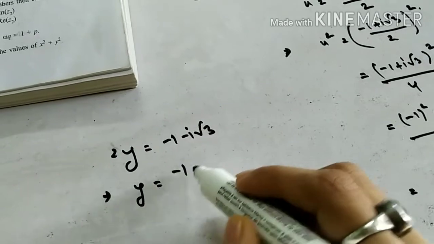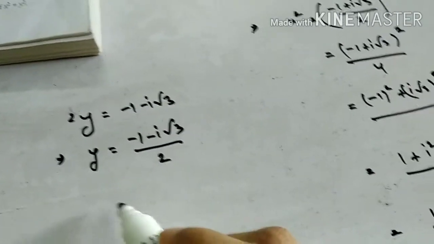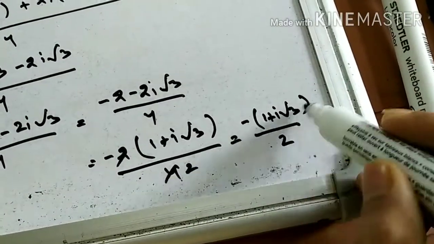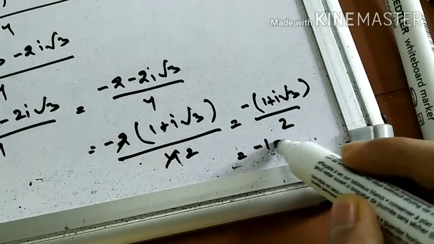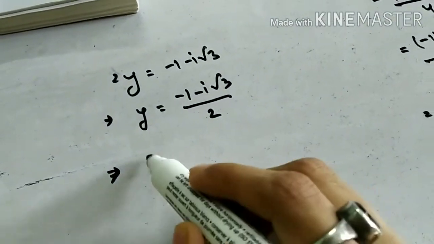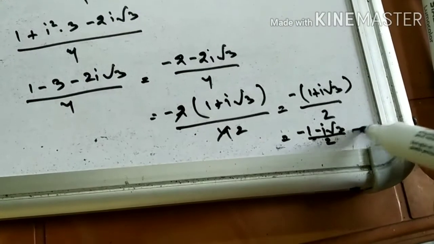So y equals minus 1 minus i root 3 by 2. And so ultimately I will get minus 1 minus i root 3 by 2 only. So therefore y equals x square. You can give this as equation 1.